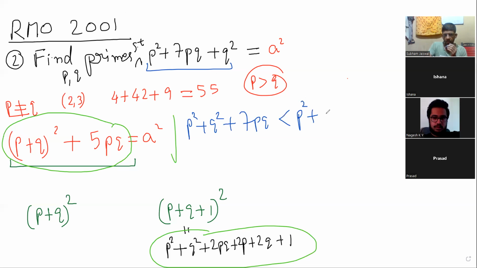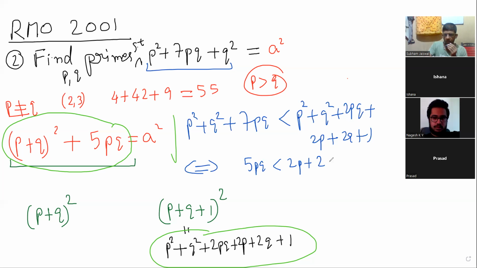Is this less than? It is certainly not true, right? It is not true that it is less than this.